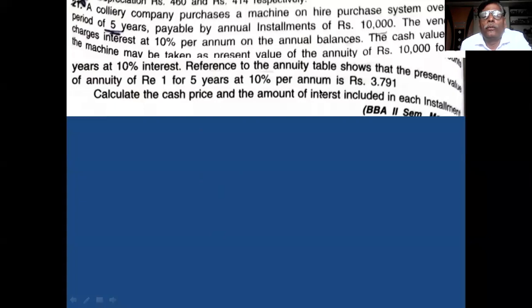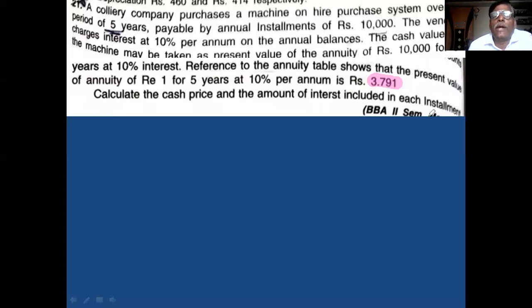At the rate of per rupee for 5 years, NET value is 3.791. This is the value of NET per rupee for 5 years. This is the value of 1 rupee. So you multiply this value with the annual installment, you will get the cash price.